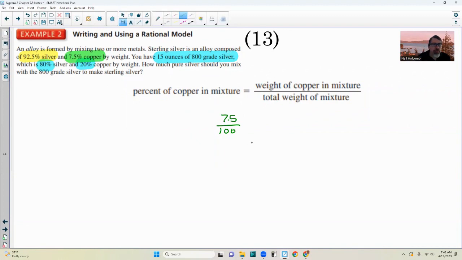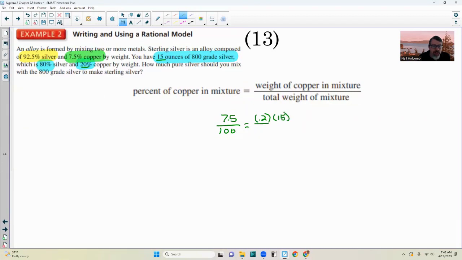Okay, so percent of copper in mixture is 7.5 out of 100. The weight of the copper is 20%, which is 0.2, and you're going to multiply that by how many ounces you have, which is 15.